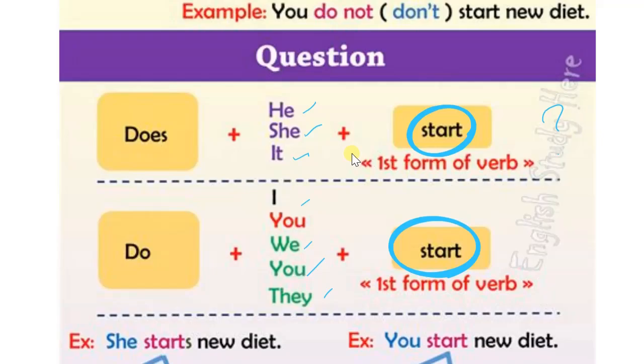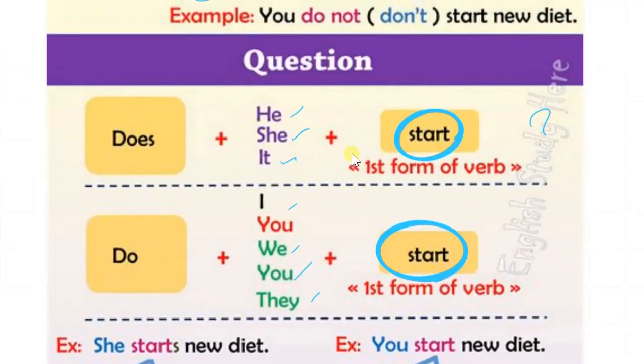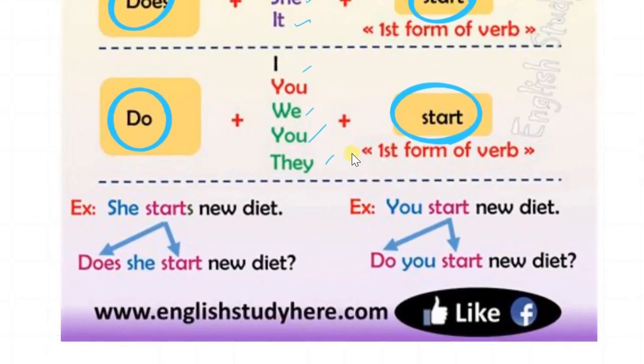It's basically the same as the negative form. The verb doesn't change, it will be the first form, but the thing that's changed is the auxiliary verb in the beginning, does and do.